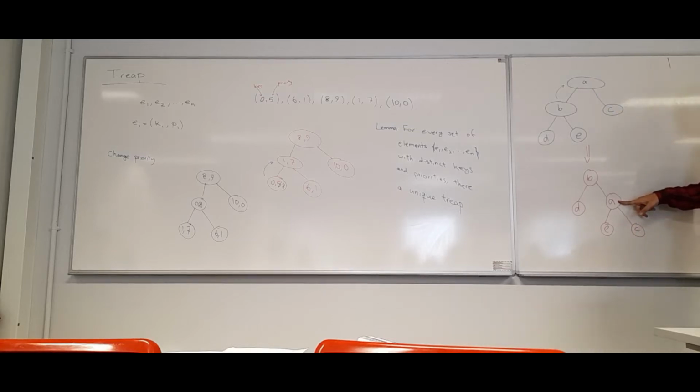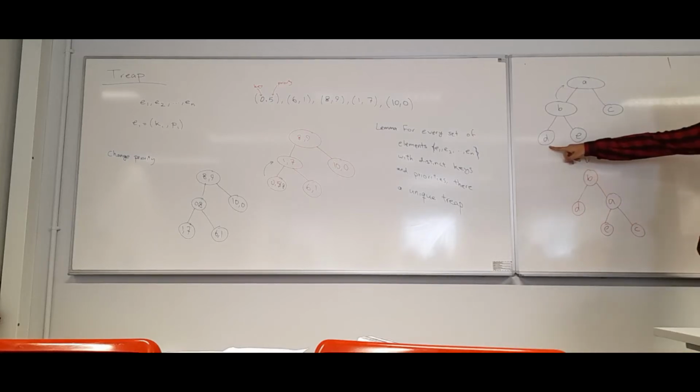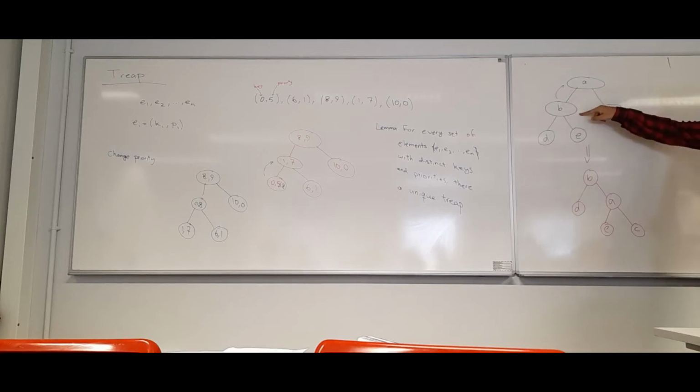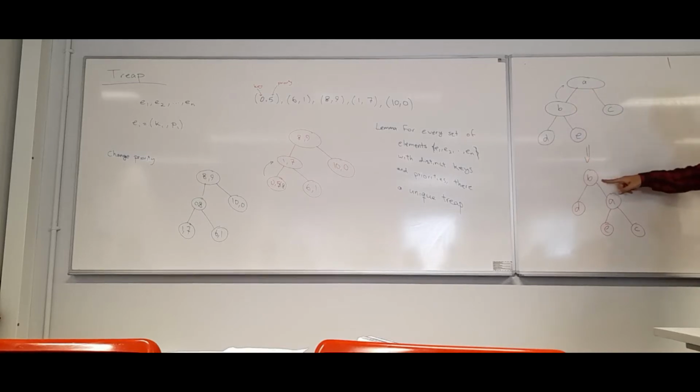That's fine. I'm also putting D as a child of B. But that's also okay, because D had a priority that was less than A, and B had a priority that was larger than A. So D's priority is less than B's priority, so I can do this as well. Okay? So when I do an operation like this, I make sure that the BST property is preserved and the heap property is also created here.